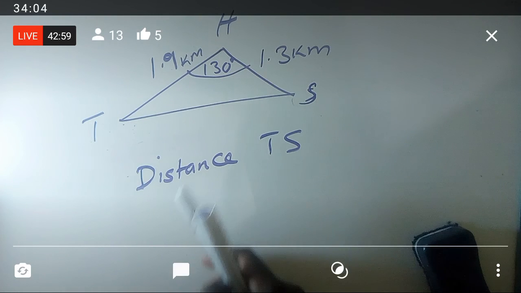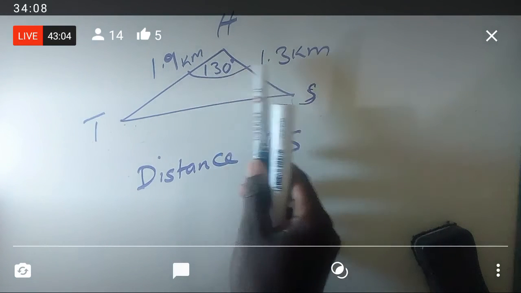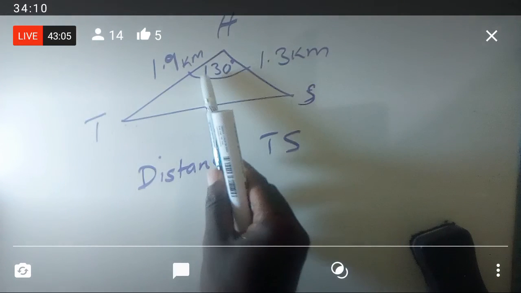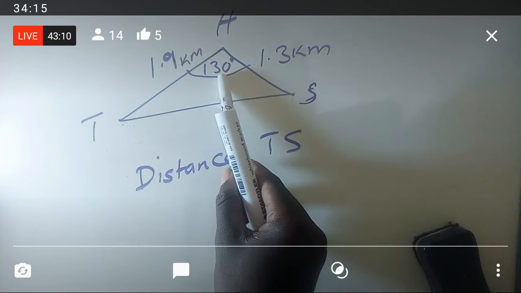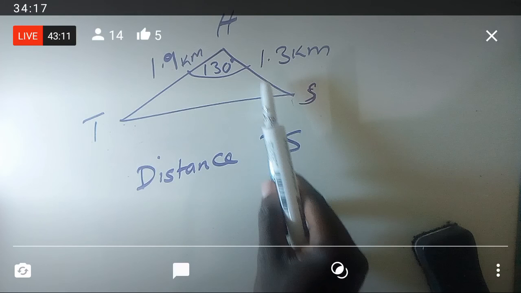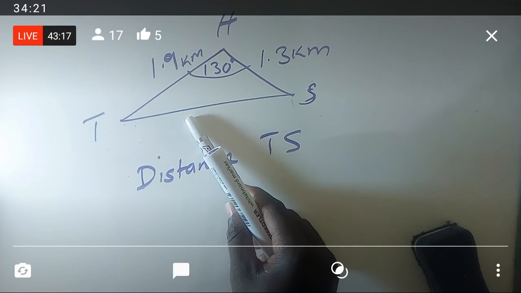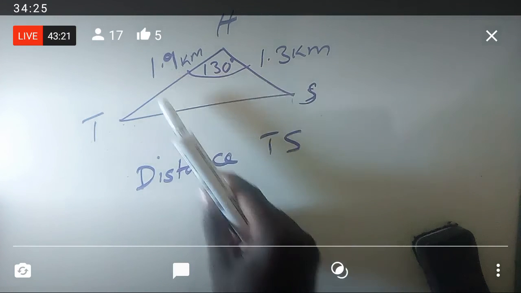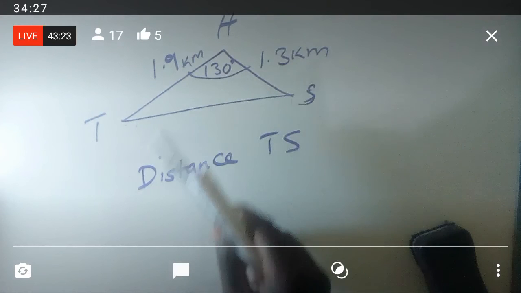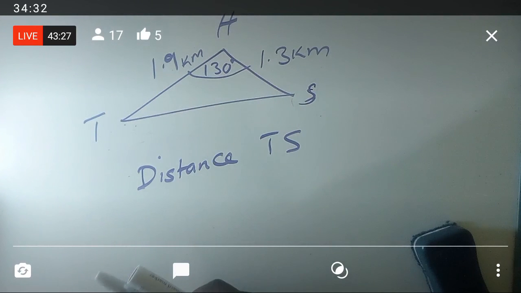When I say included angle, I mean the angle which is forming those two sides. So in this case, we're going to use the cosine rule. Also, you can use the cosine rule when you're given the three sides without an angle. So try to solve using your cosine rule.